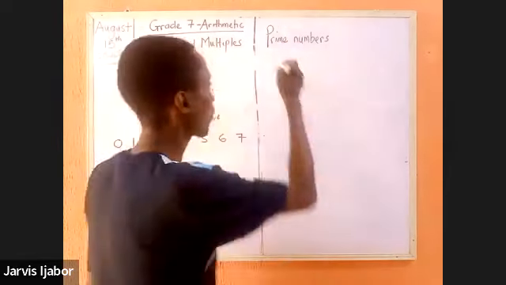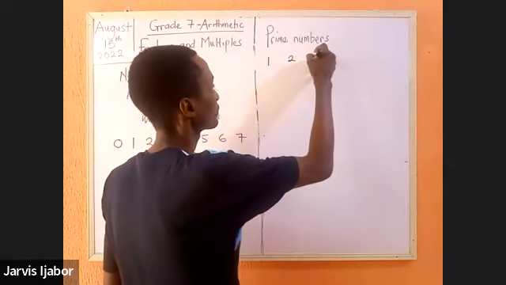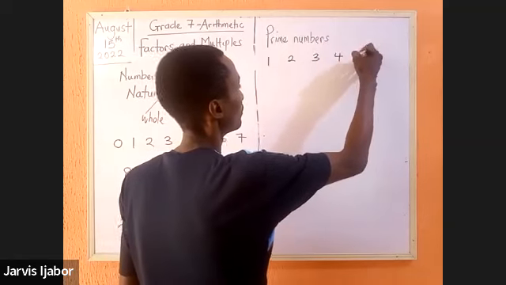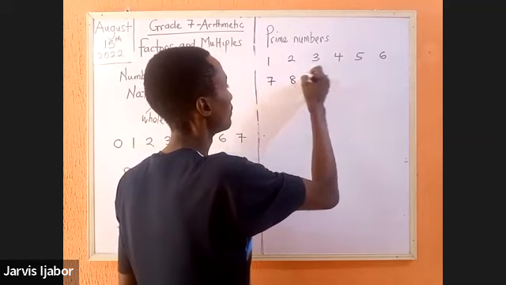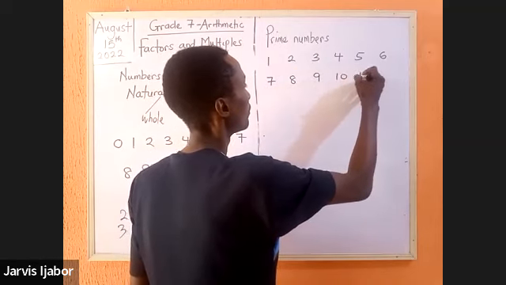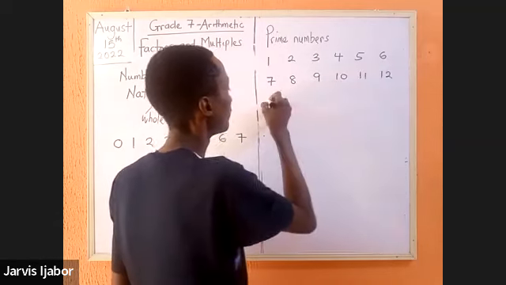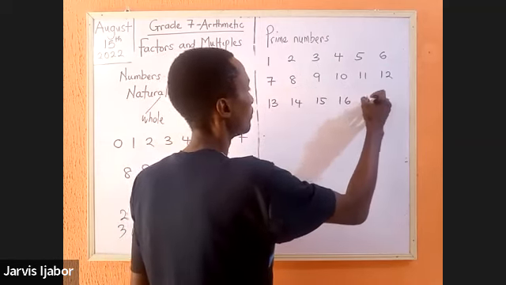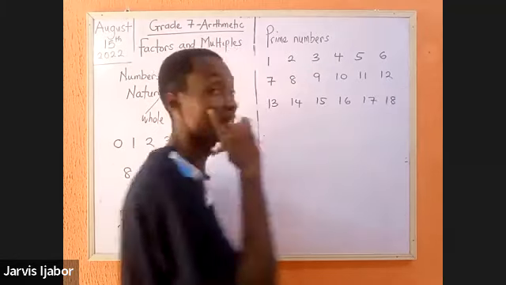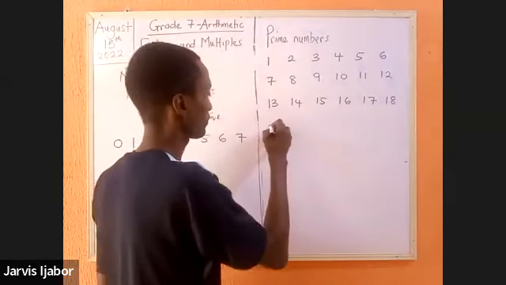We simply will write 1 up to 30, just to show you something.